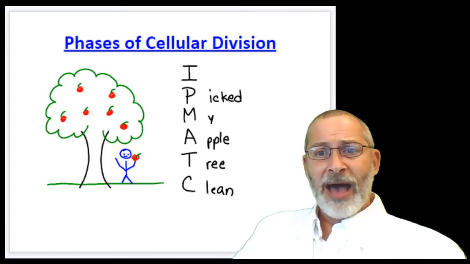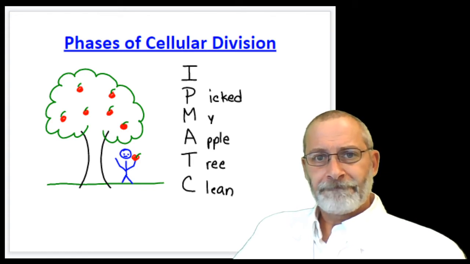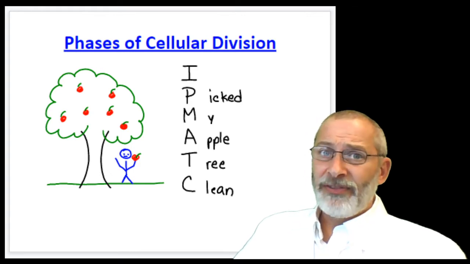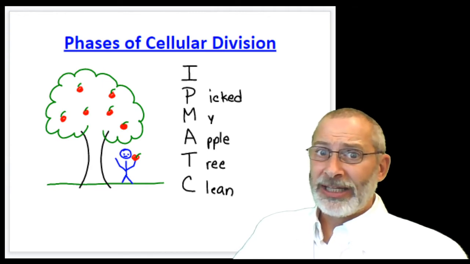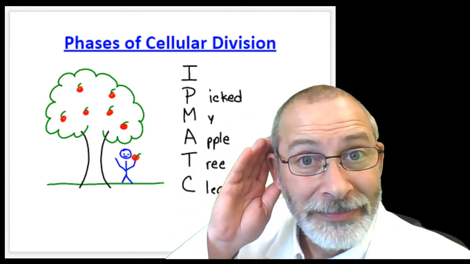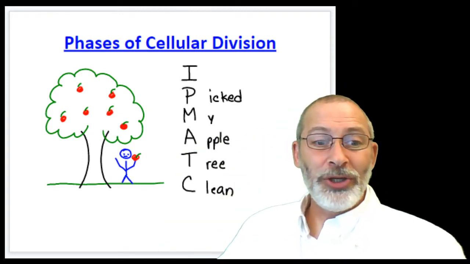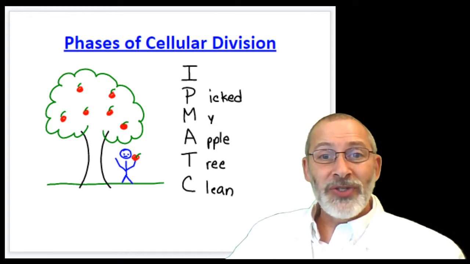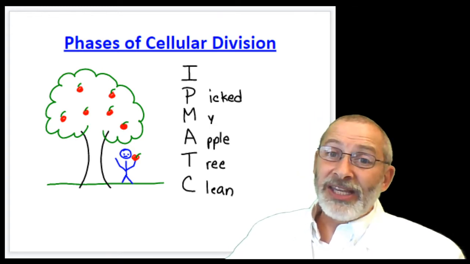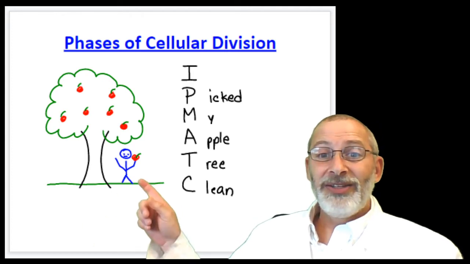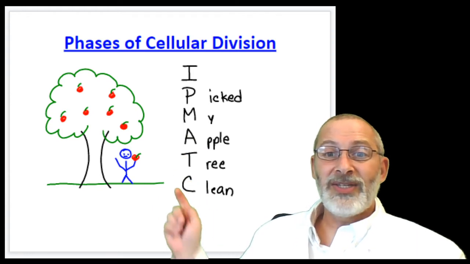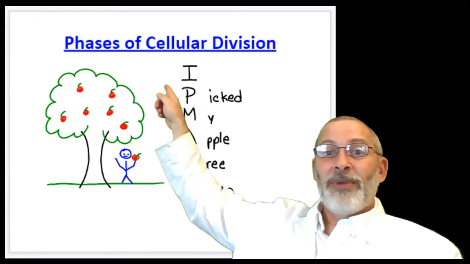Raise your hand if you have any idea why I'm giving you this silly little phrase. Hopefully you saw that the first letter in each word corresponds to the first letter of each of the phases of cell division: I, P, M, A, T, C.